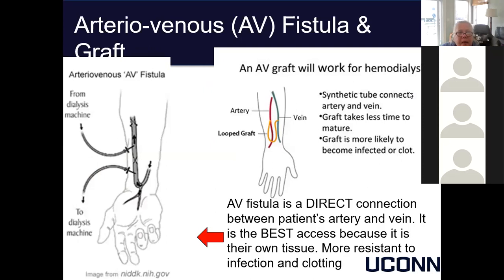AV fistulas, which are naturally created fistulas, have the fewest complications. They're more resistant, as it says here, to infection and clotting. But again, not everybody's arteriovenous health allows for an AV fistula.